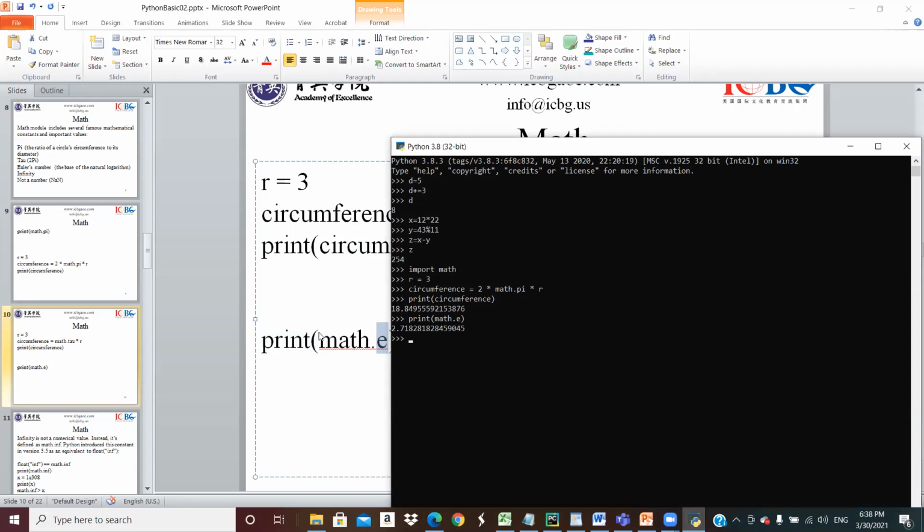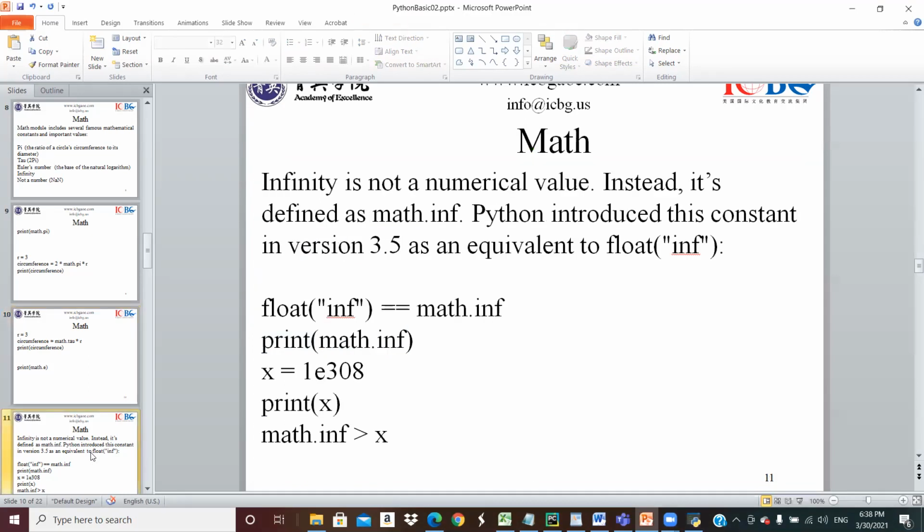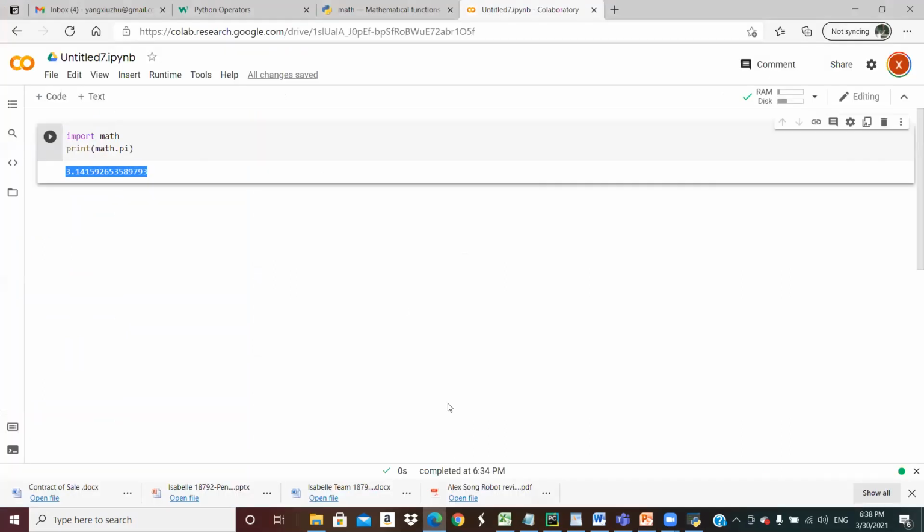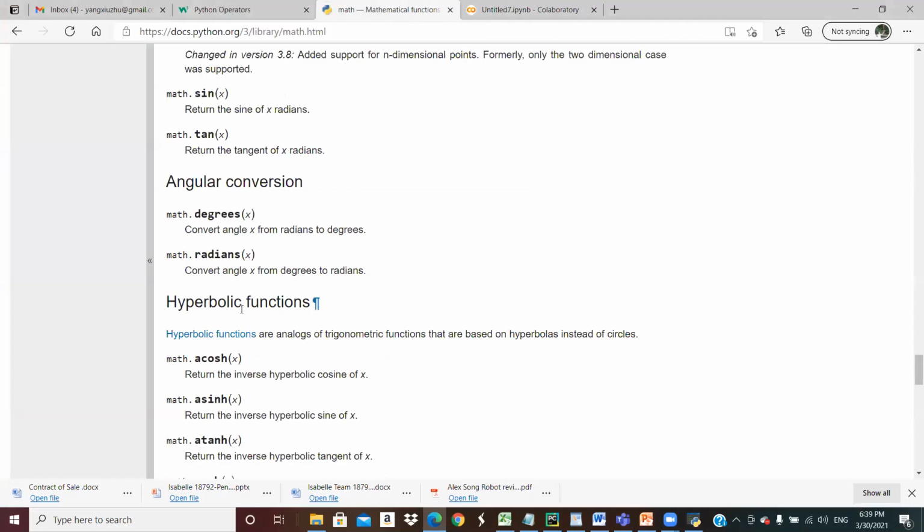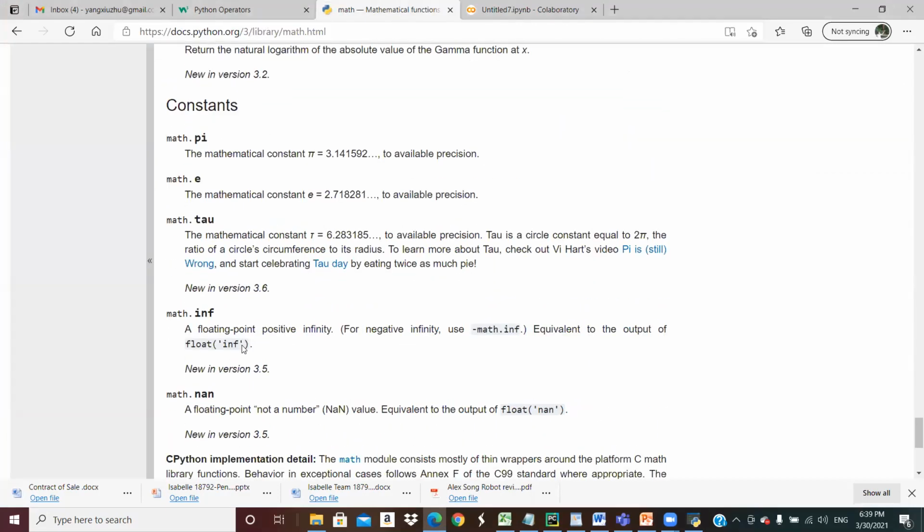So math provides you a lot of things. If you are in high school and you are learning geometry, then math can help you on that as well. So you just come here to read this website. It has a lot of functions that you can use.